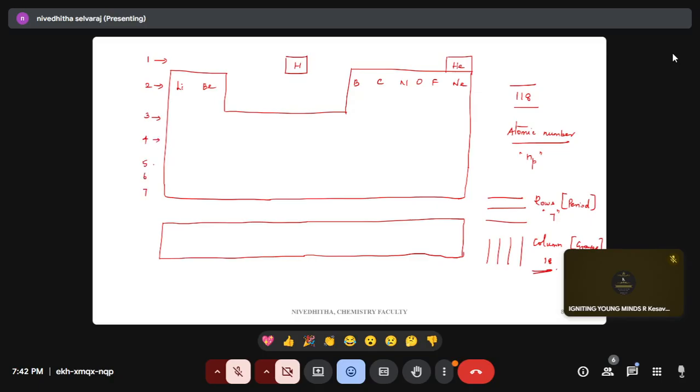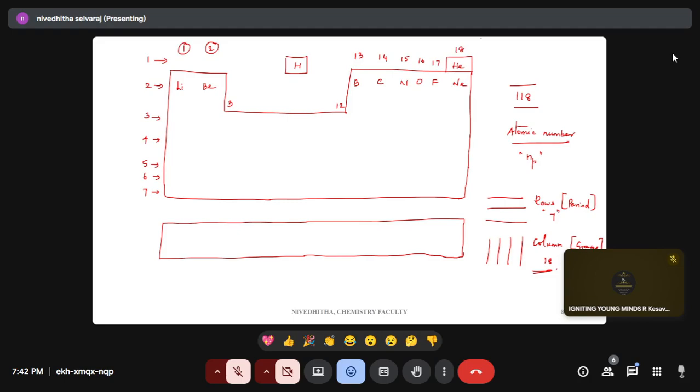Totally we have 7 periods in this table, and there are 18 columns. This is column 1 or group 1, this is group 2, groups 3 to 12 are placed here. This is group 13, 14, 15, 16, 17 and 18. So we have 7 periods and 18 groups.